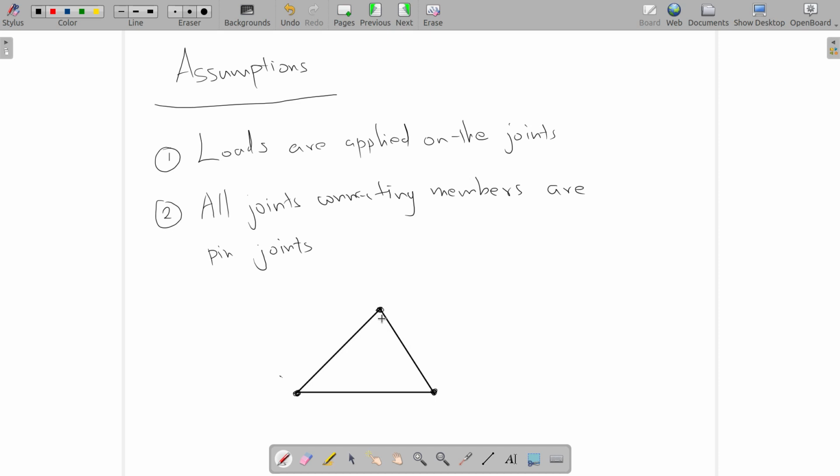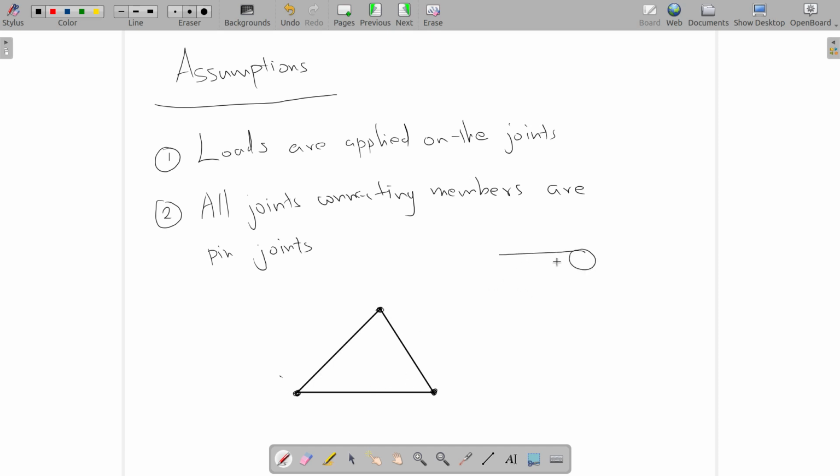That means you will be able to rotate these members freely about pin joints if there are no other members.